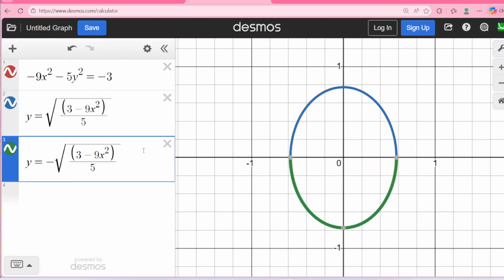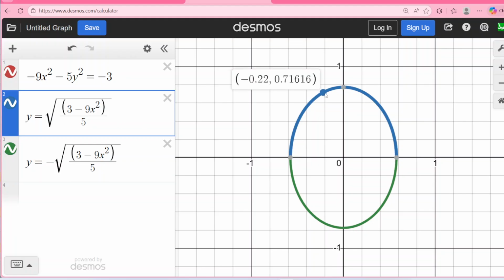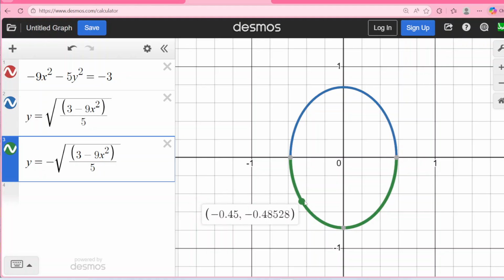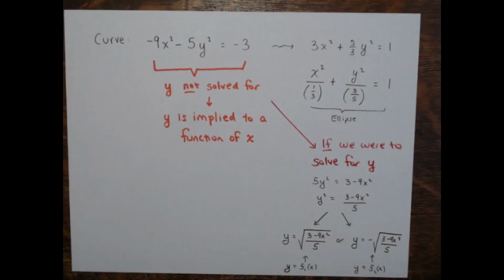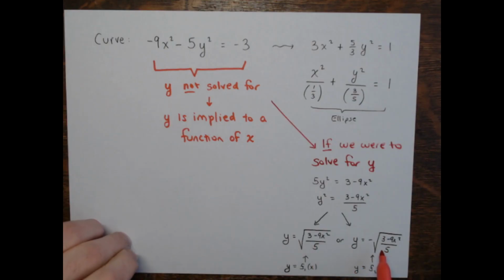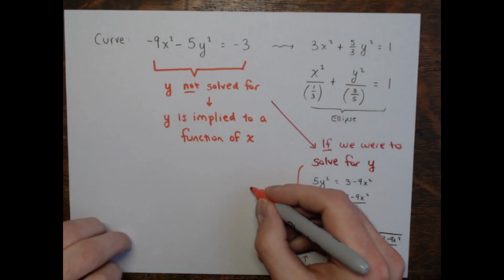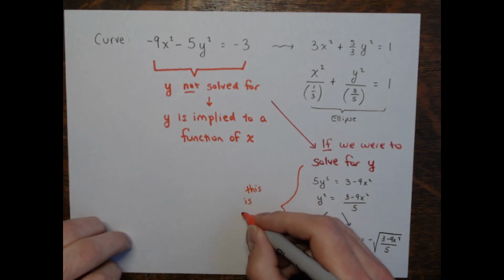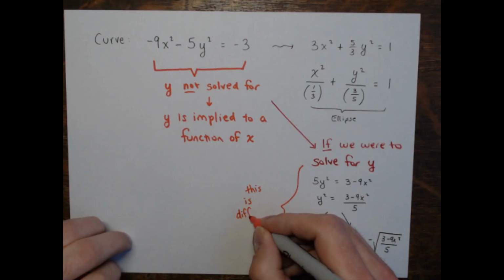Still, I want to find the first derivative and then, of course, the second derivative at any point, whether it be on the top half of this ellipse or the bottom half. Now, you can do this. You can get y in terms of x. The only issue is sometimes this is difficult to do, if not impossible.